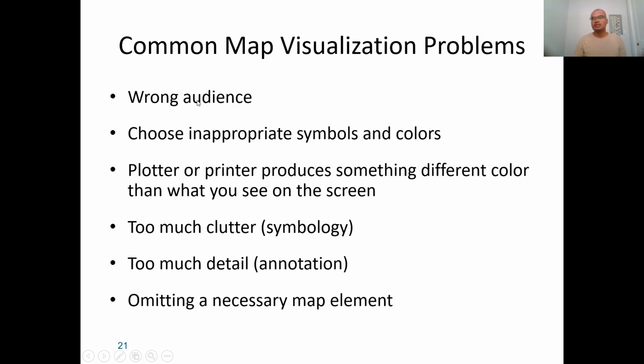Sometimes the symbols and colors you see on your computer or laptop may look good, but when you print using plotters or printers, you get a different color. This happens in most situations.